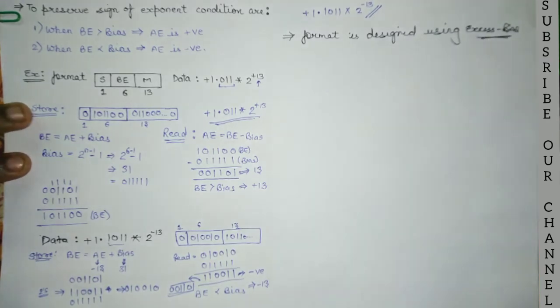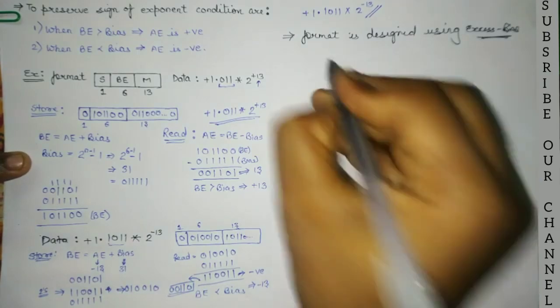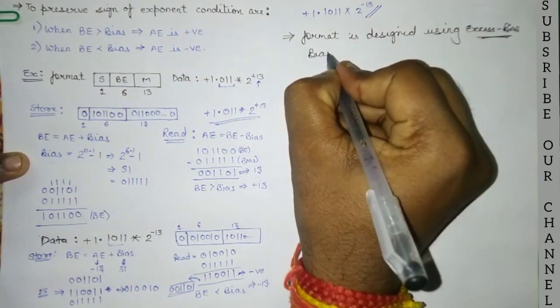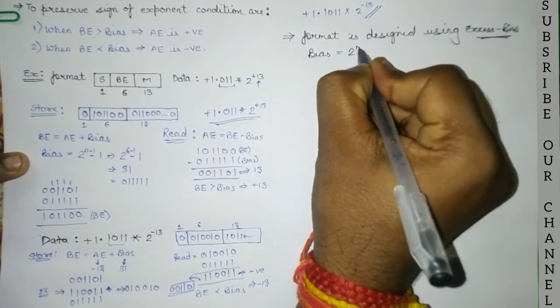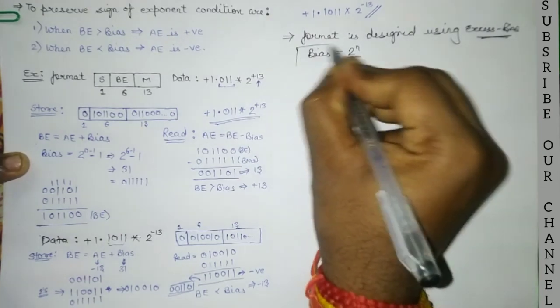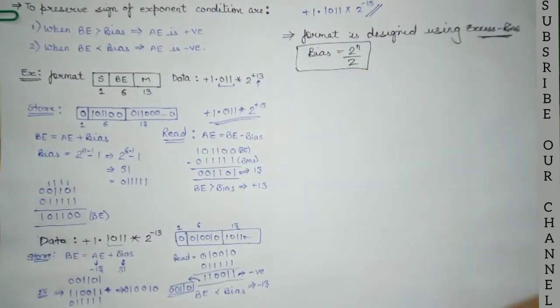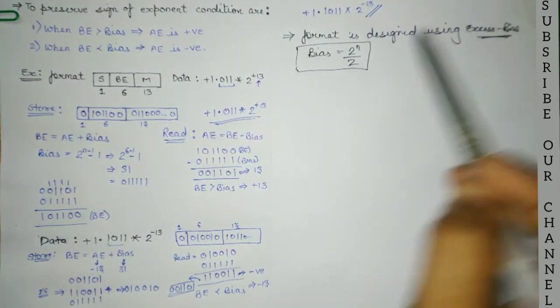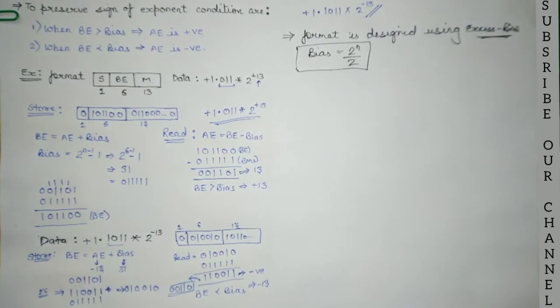If the format is designed using the excess bias, the bias will be equal to 2 to the power n by 2, right? So just remember these things. This is how you should calculate the bias, where n is nothing but the number of bits in the BE field.